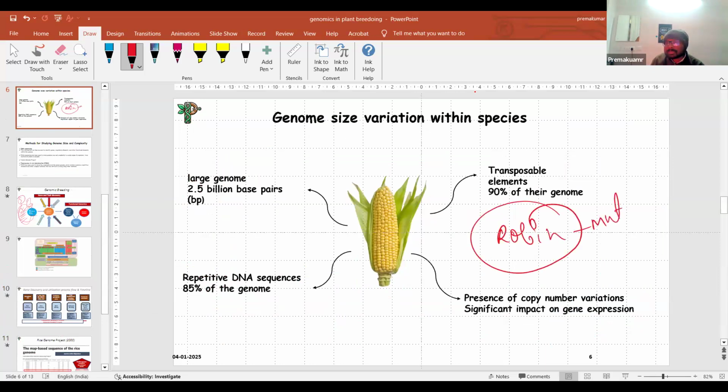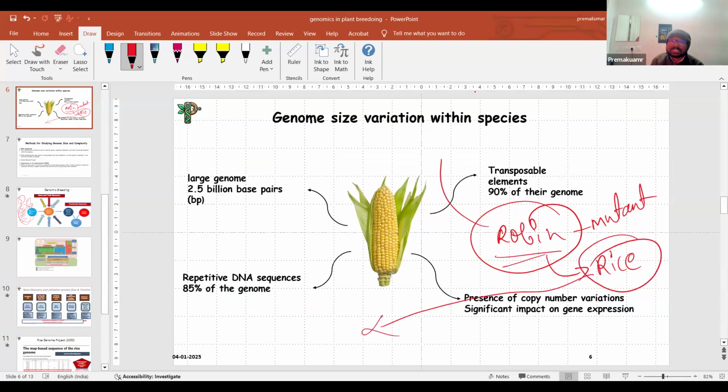Robin mutant belongs to which crop? It belongs to rice. I think people from TNAU should tell this answer, because the great scientist died last year, I think. It's a very important mutant. Everyone is actually using this mutant. Anybody from TNAU?